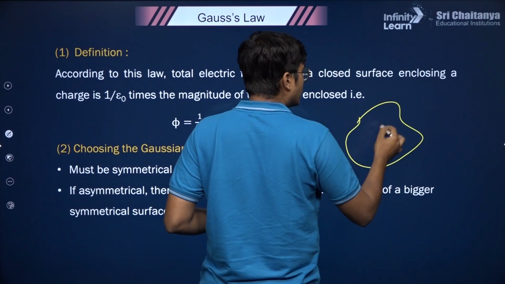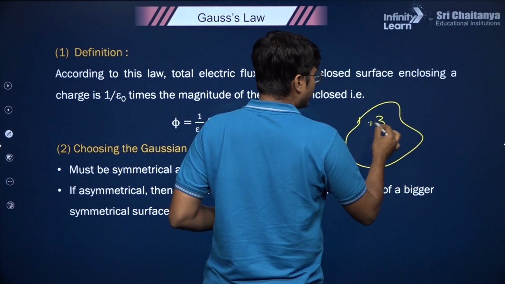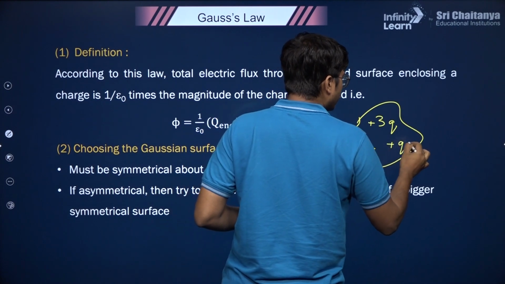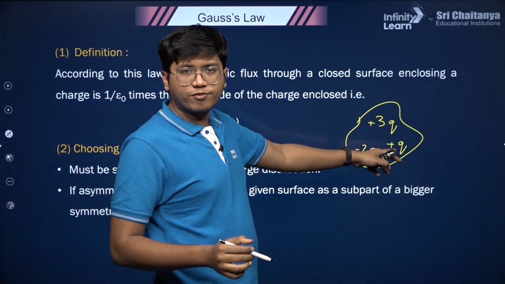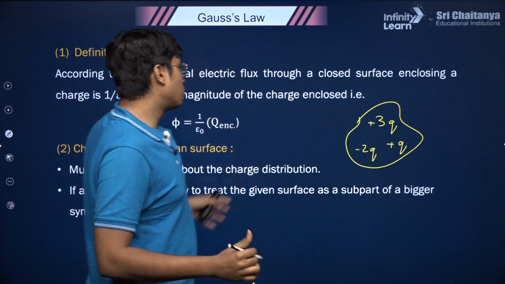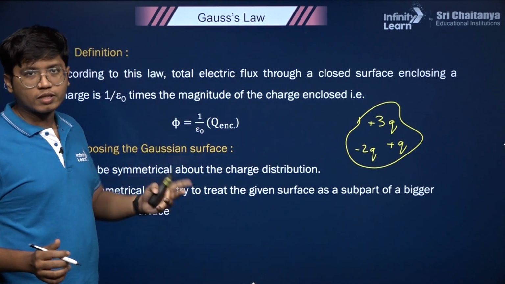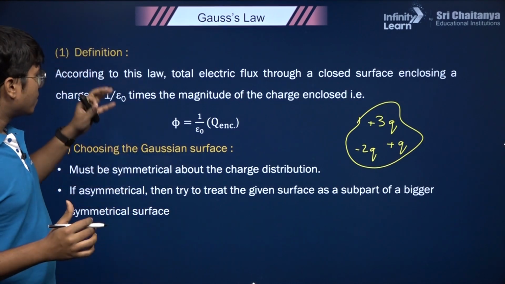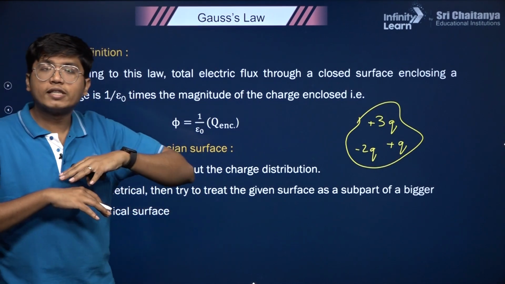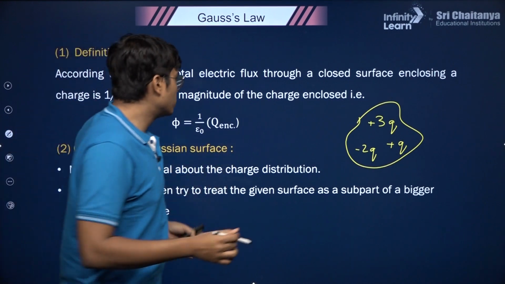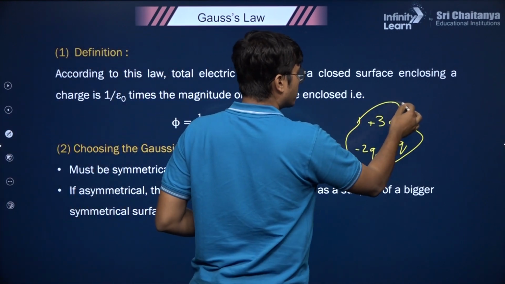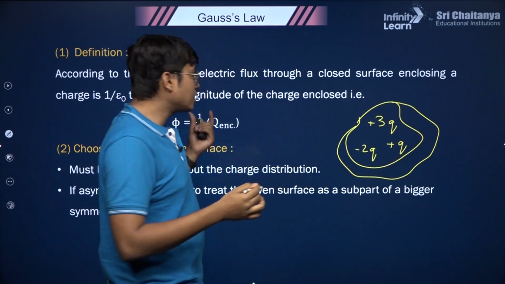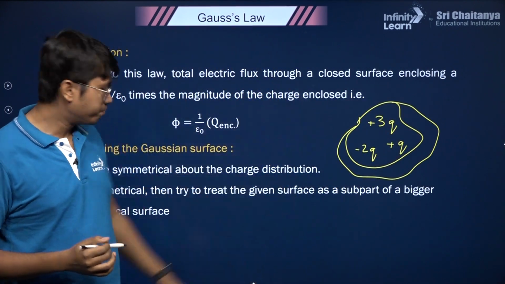Obviously most of you know that if you have, say, plus 3q charge here, minus 2q and maybe another q here, then effectively you have plus 4q minus 2q, so your enclosed charge would just be 2q, the total sum of the charge enclosed. That also gives you the flux, but mind you, this gives you the flux over the entire area. If it's a 3D structure and you have the entire part enclosed, this flux is the flux over the entire surface.